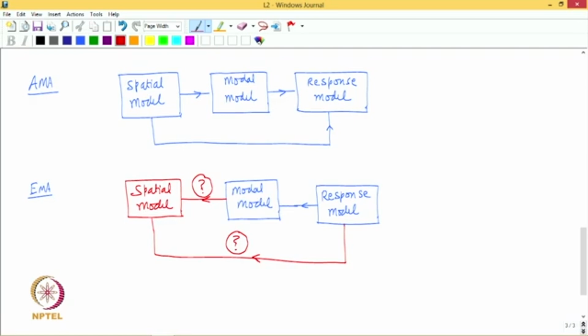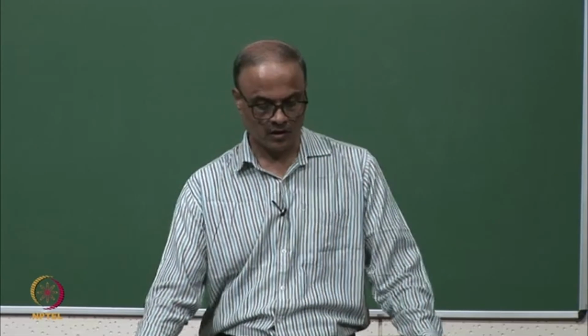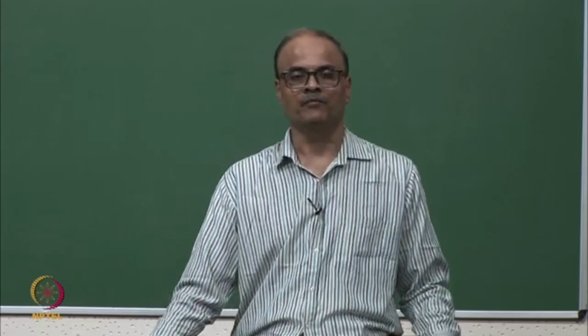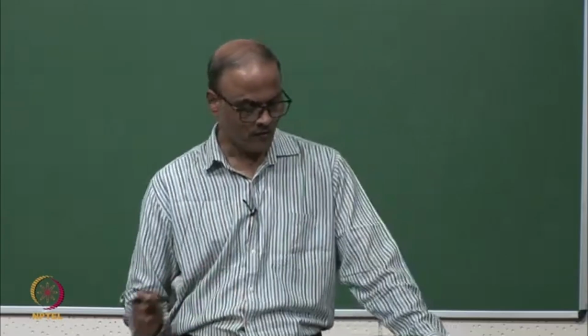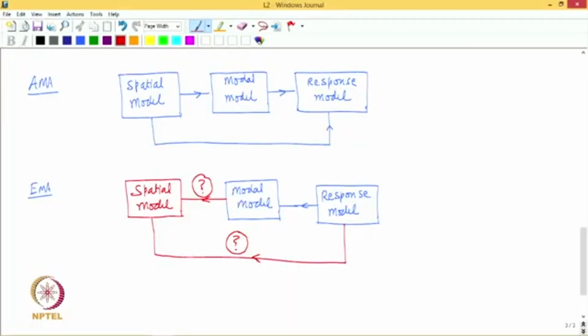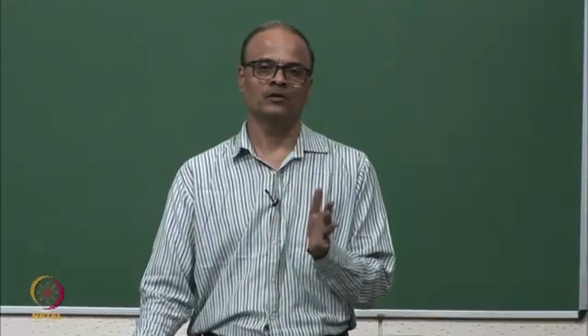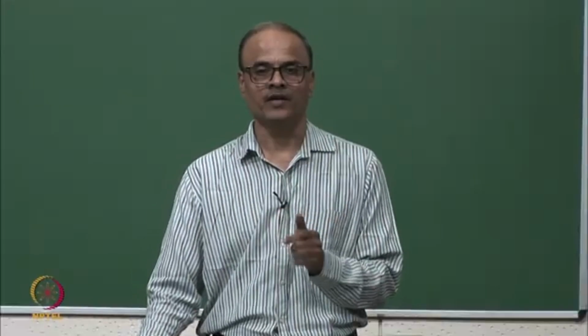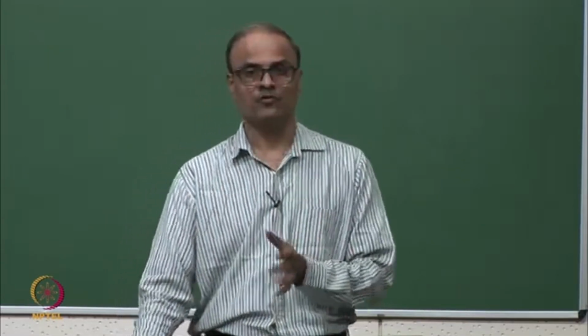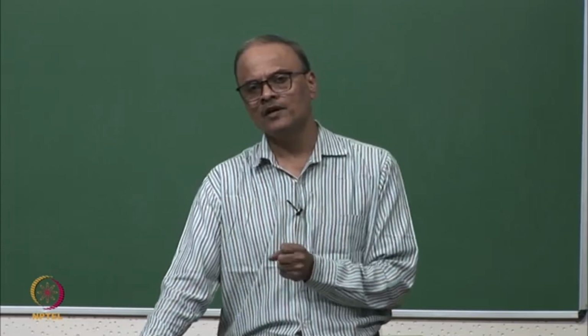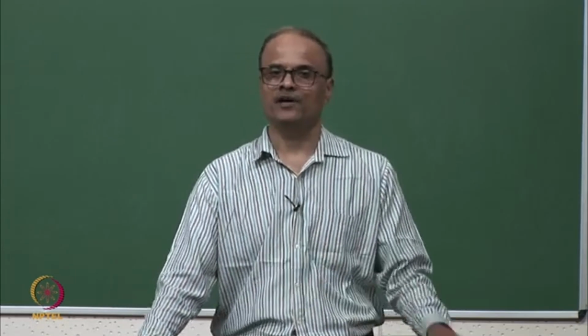So, this is essentially the difference between analytical model analysis and experimental model analysis. In analytical model analysis, we follow a forward path. We start from the spatial model and then go on to obtain the modal and response model. And in experimental model analysis, we follow an inverse approach or route in which we measure the responses and the response model, from which the modal model is then derived.